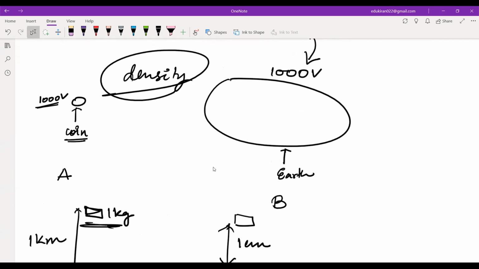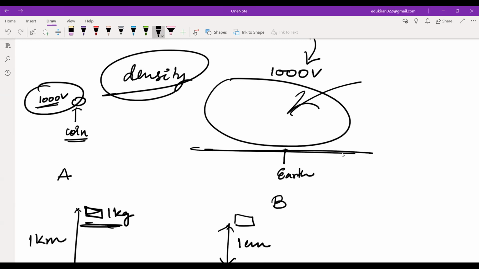Density means a particular charge or the energy that you have, is it situated in a smaller volume, or is it situated in a larger volume? So obviously 1000 volt in here, I can say the charge density or the energy is concentrated in a coin, and here it is diluted in the Earth. That is why this is more stable, and that is why I want to touch that, because the change will not happen.